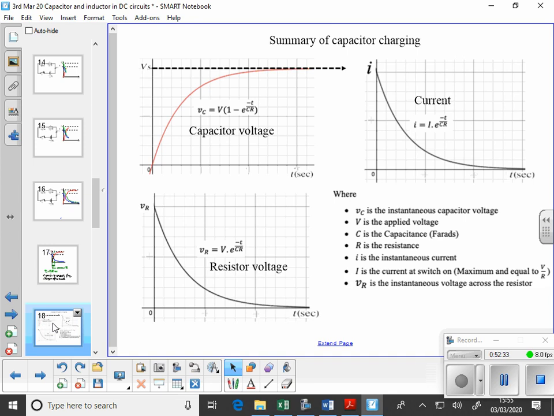And the resistor voltage starts off at 10 volts, falls away, again tending towards 0, again after 5 time constants. Alright?